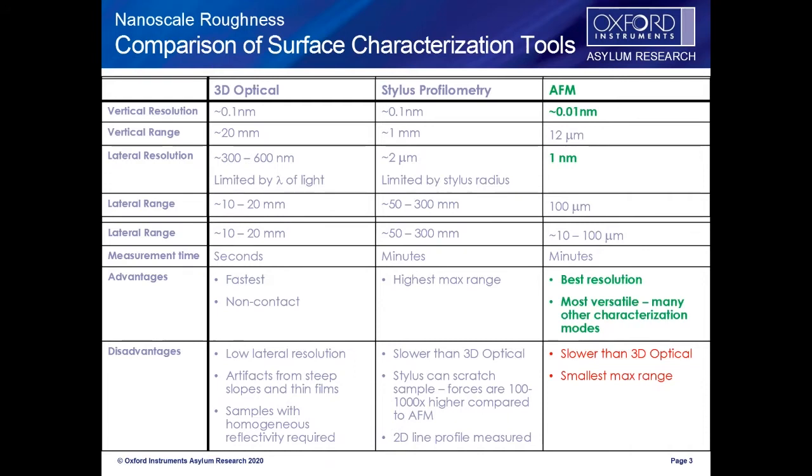So those would be the main advantages. But is AFM the right technique every time? Not necessarily. If you're looking to get a quick picture of your sample and you only care about micron scale resolution, you're better off with some of the other techniques. Also, if you need to make a very large view of your sample, you are better off with other techniques. But AFM is best for high resolution measurements that require highest precision, highest accuracy, and if you're interested in other surface properties.